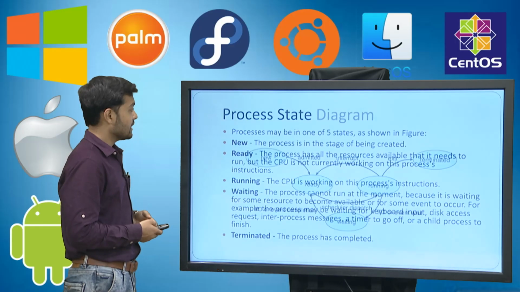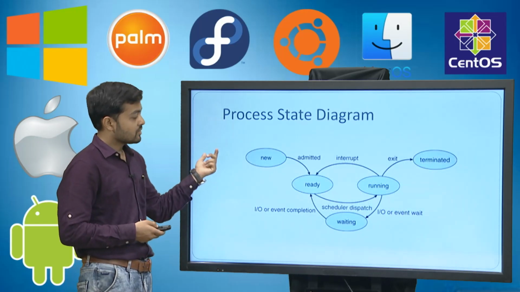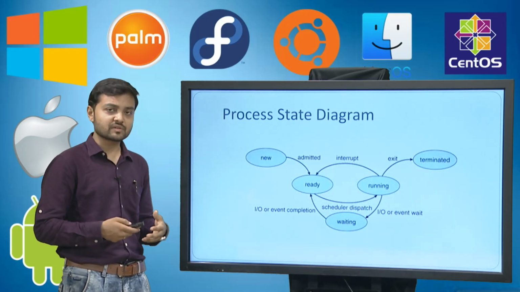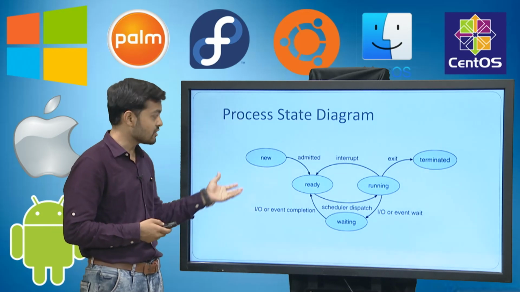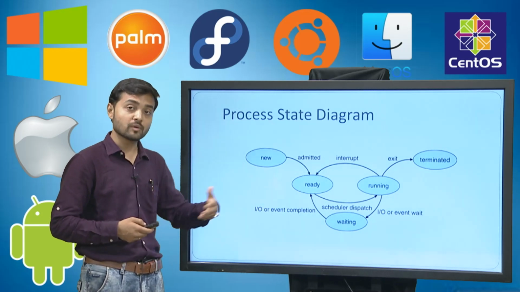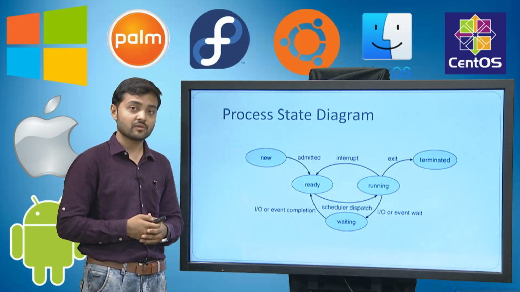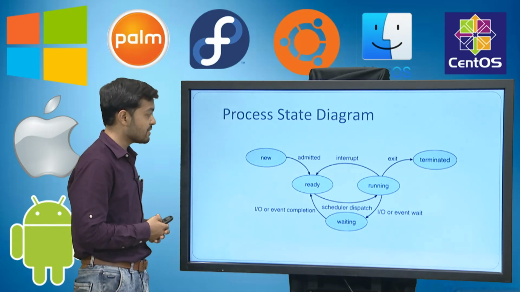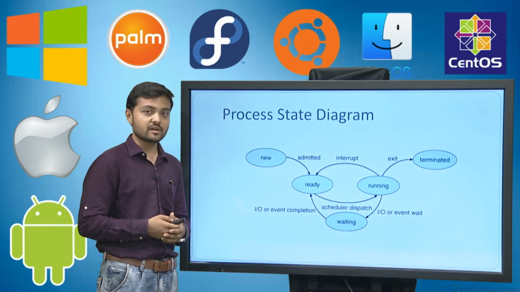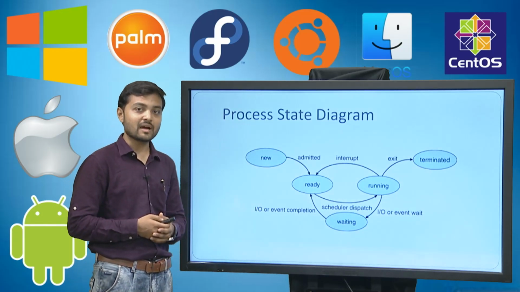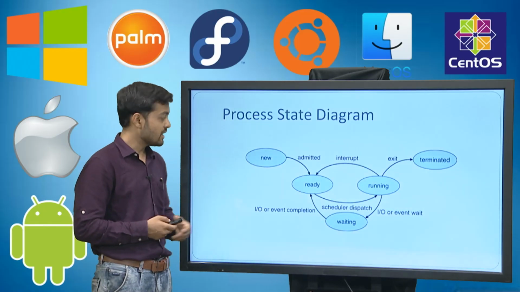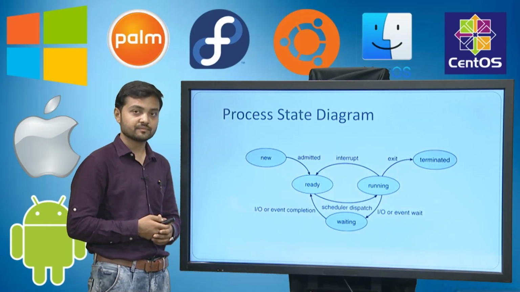Next, in the 5 or 6 state model, the process can be in any of these states. If we go to the more advanced states for the process, then a process can be in any of these 5 states. At the start, when the process gets created, it will be in the new state.